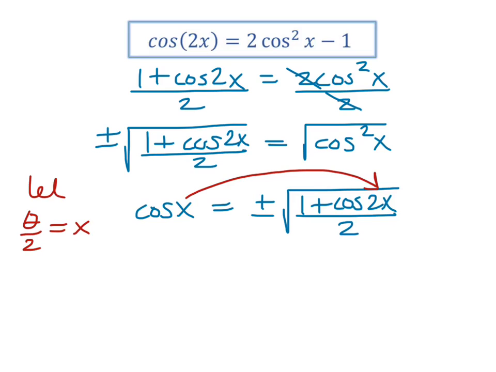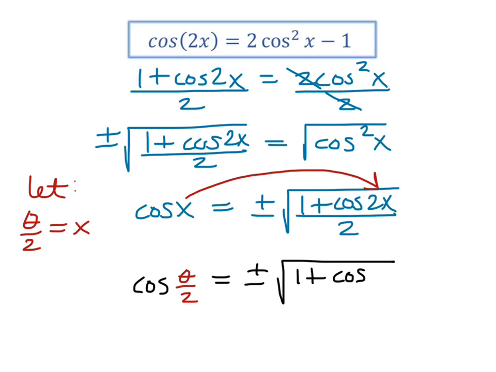What we're going to do is let x equal theta over 2 so that we can rewrite this as a half angle form. Let's rewrite this as cosine of, in place of x, we can write the angle theta over 2, which is a half angle form. And this will be equal to the plus or minus square root of 1 plus cosine of twice that angle.